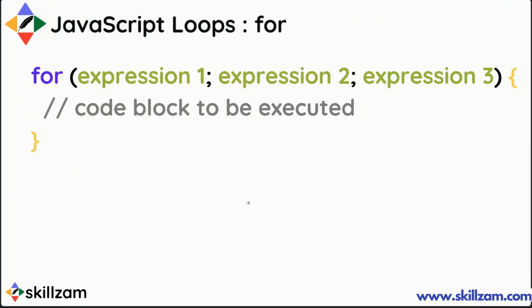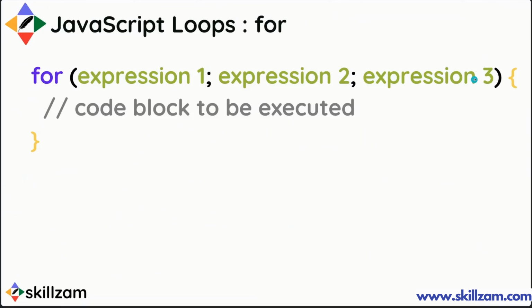Let's understand how the syntax of the for loop looks. This is how the for loop looks. for is a keyword, and within the open and closed parentheses, you can observe three expressions separated by semicolons. There is expression 1, expression 2, and expression 3 always.